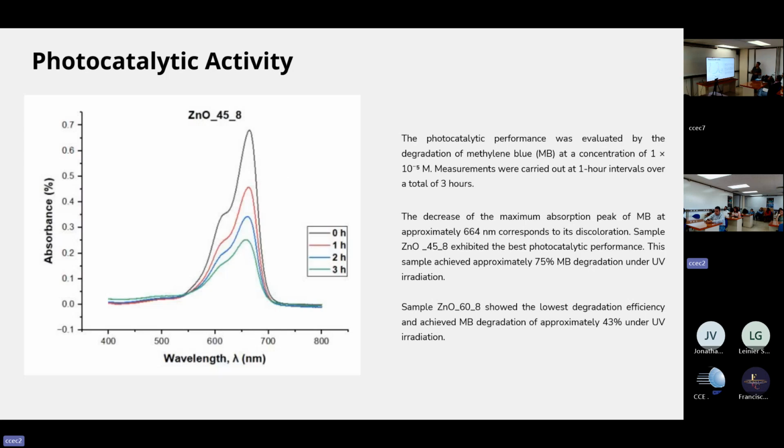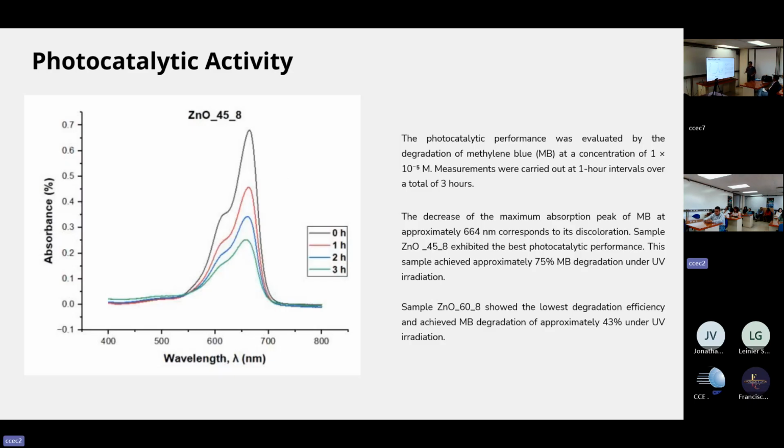The ZnO 45 sample exhibited the best photocatalytic performance. This sample achieved approximately 45% methylene blue degradation under intermediate irradiation. In contrast, ZnO 68 showed the lowest degradation efficiency, with 43% degradation in 3 hours under ultraviolet irradiation.